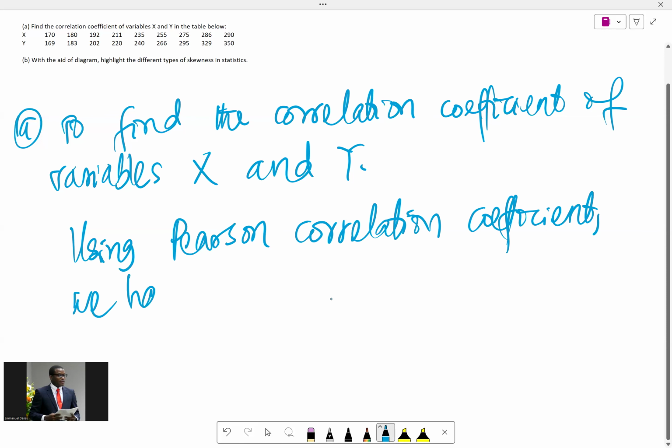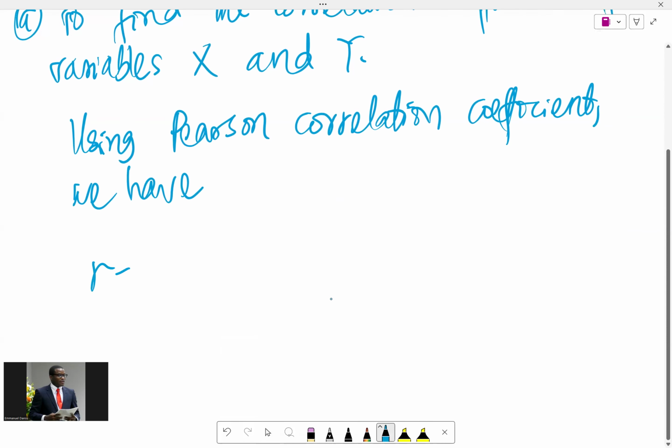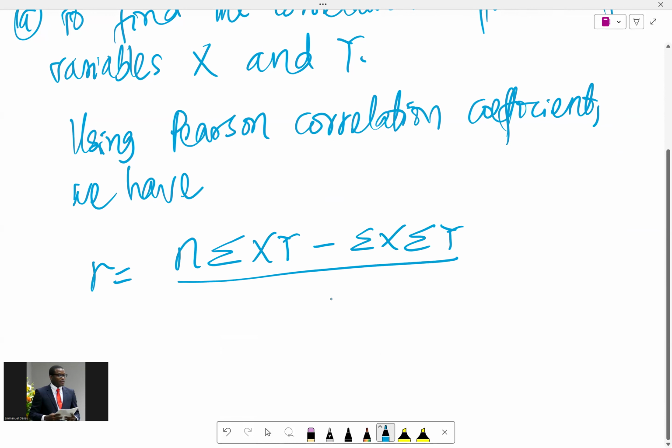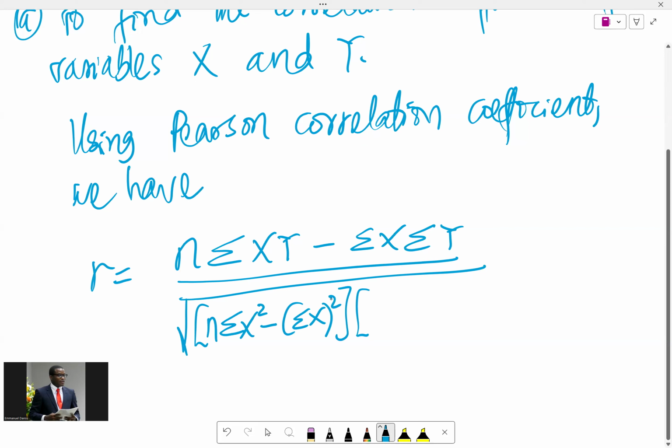We have the formula to be R equals N multiplied by summation of XY minus summation of X, summation of Y, all over square root of N summation of X squared minus summation of X all squared, multiplied by N summation of Y squared minus summation of Y all squared. This is the formula for the Pearson correlation coefficient.